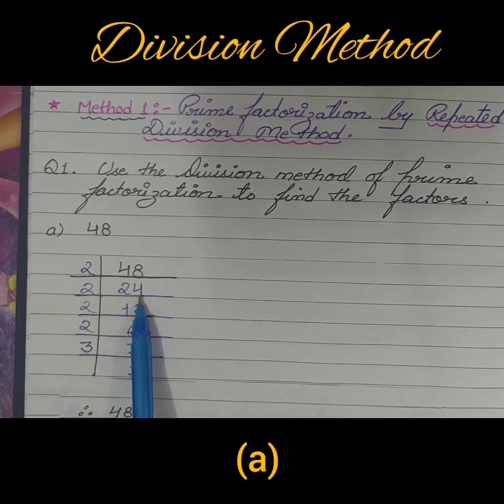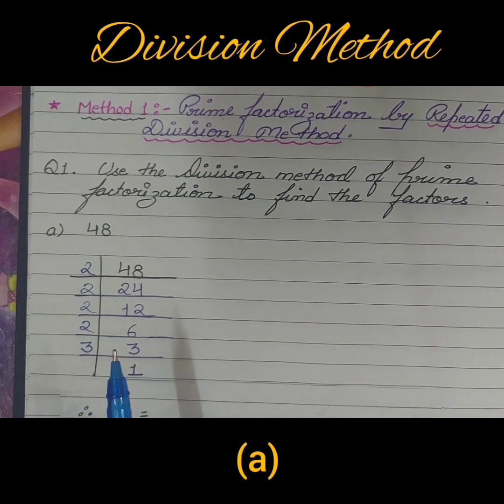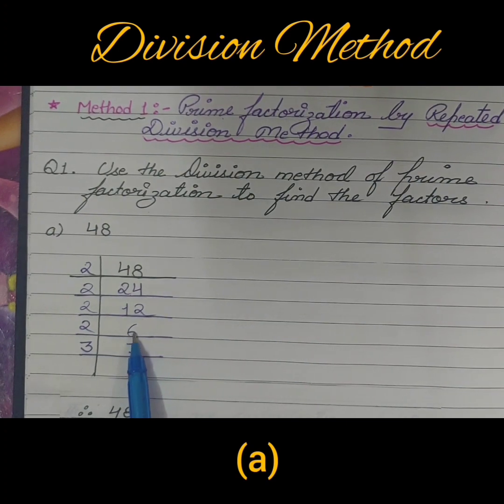Now divide this 24 by 2, we will get 12. Now divide this 12 by 2, we will get 6. Repeat the same process using only prime numbers till we get 1 as a quotient. Now again divide this 6 by 2, we will get 3.